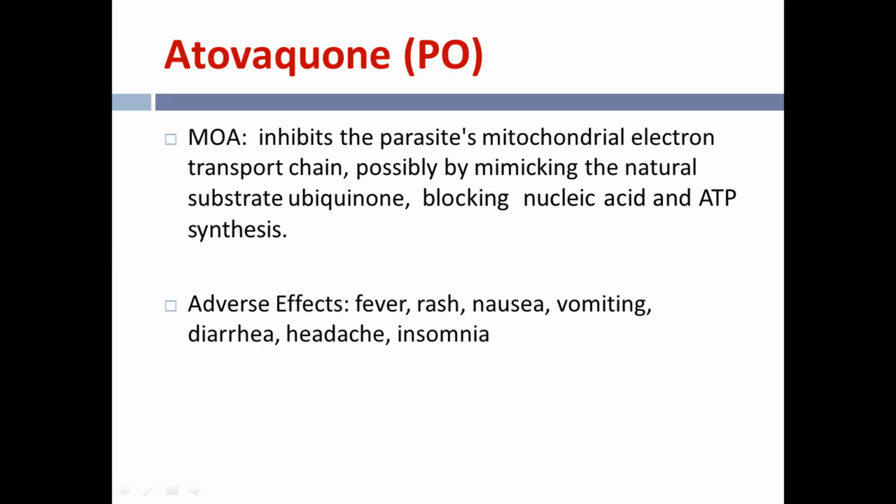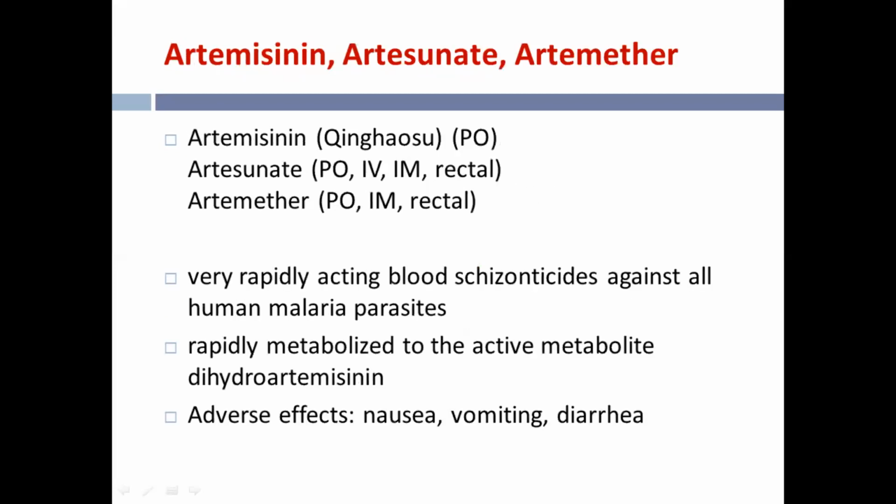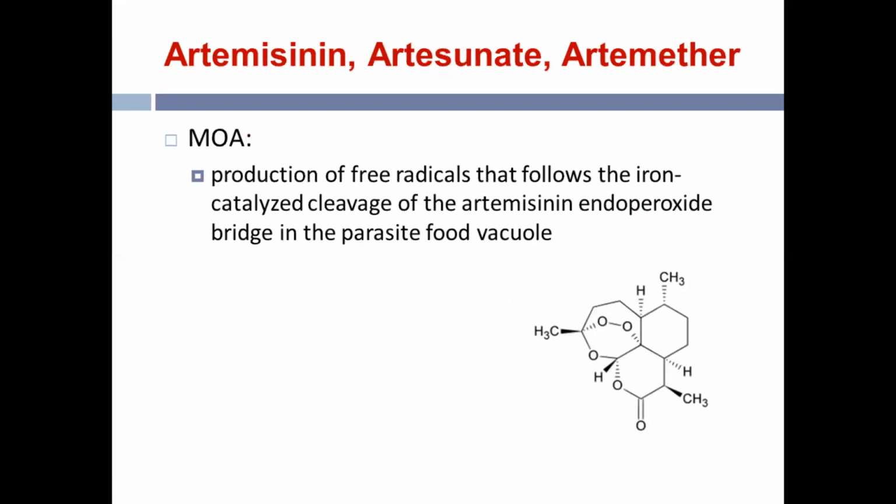Artemisinin, also known as qinghaosu, artemether and artesunate are rapidly acting against all human malaria species. And it produces endoperoxide in the parasite food vacuole.